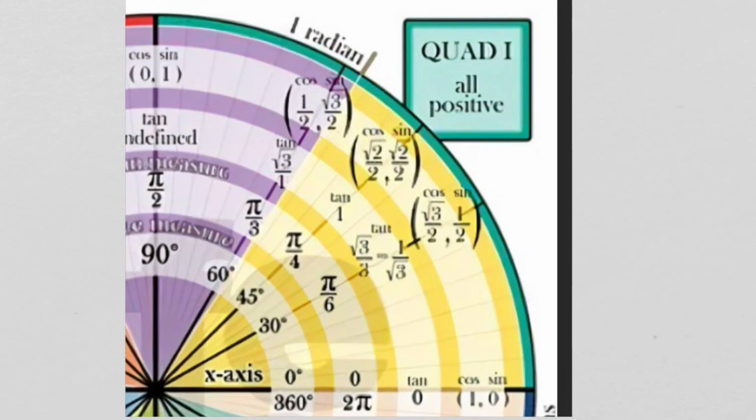Okay, so 30 degrees is pi over 6. The coordinates are square root 3 over 2, comma, 1/2. Pi over 4, or 45 degrees, is square root 2 over 2 and square root 2 over 2. Pi over 3, or 60 degrees, is 1/2, square root 3 over 2.